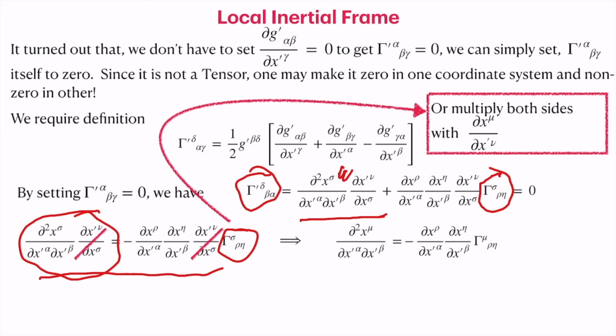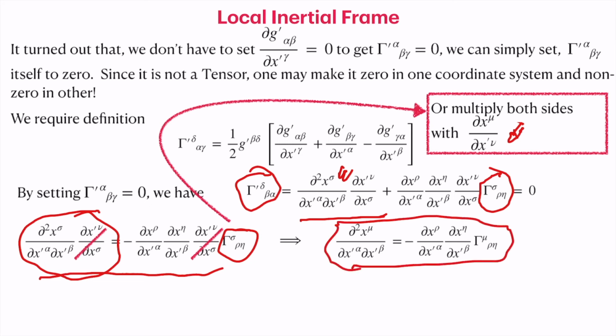If you are uncomfortable with cancelling the common term, you can simply multiply by dx mu by dx prime mu on both sides, simplify and impose the condition, you get a delta mu nu, and then you can rewrite the equation in this form.